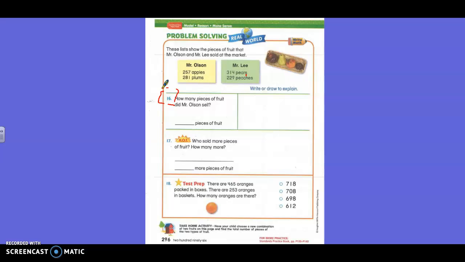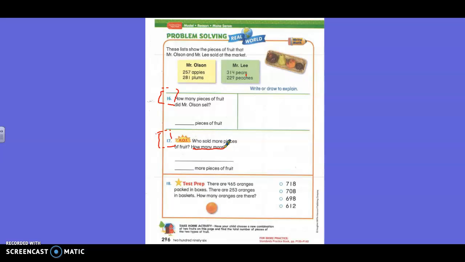Okay, but number 17 is not like that. It's a little different. But let's look at number 17. Who sold more pieces of fruit? So you have to decide, was it Mr. Olson or was it Mr. Lee that sold more fruit? Then it says, how many more?